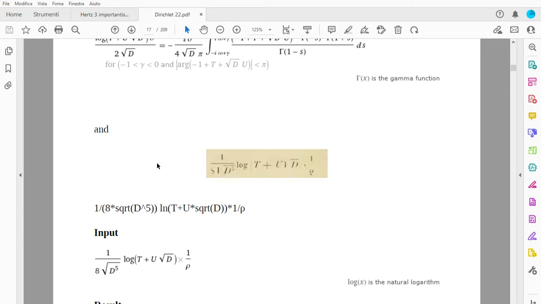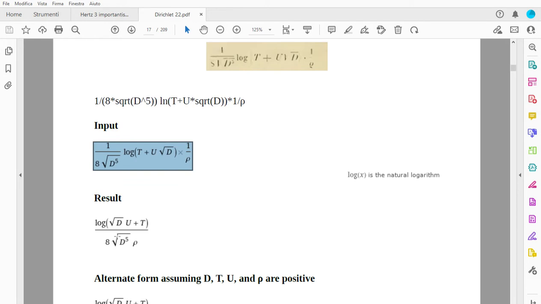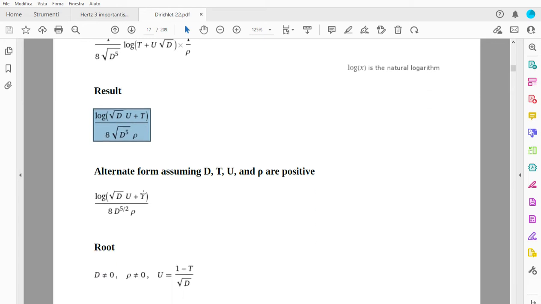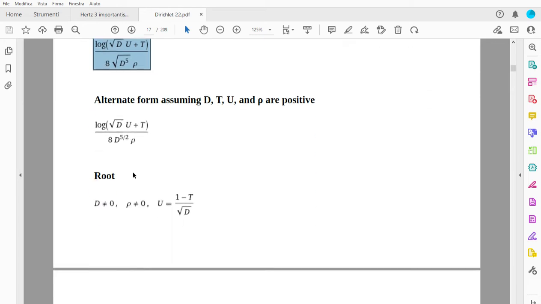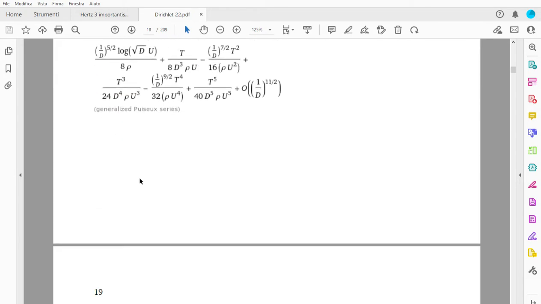Further to the previous expression, we analyze also this other expression, and the result is, also here, the study of the function, alternate form, root, and so on.